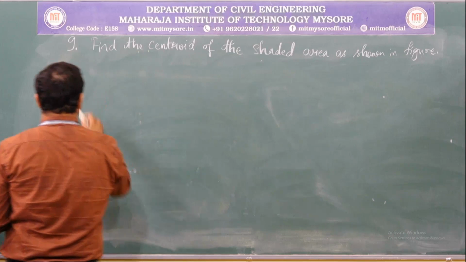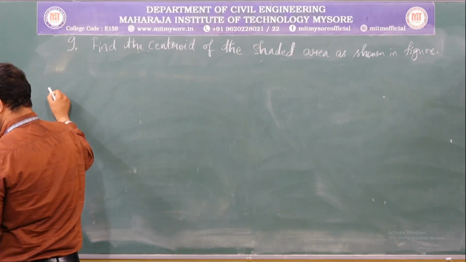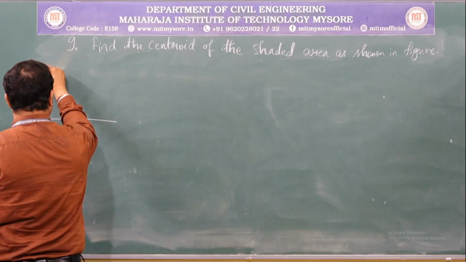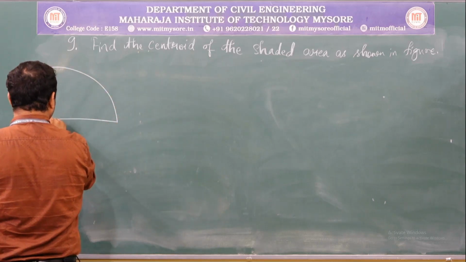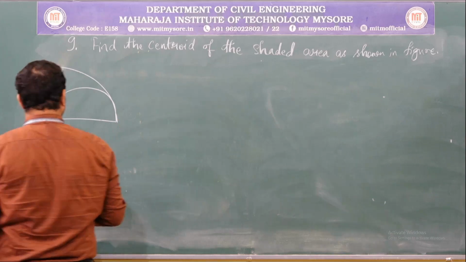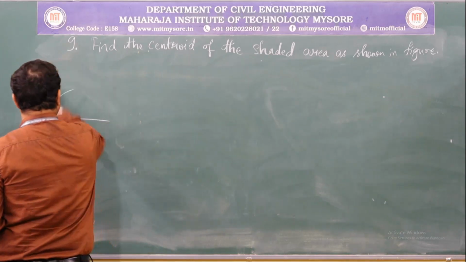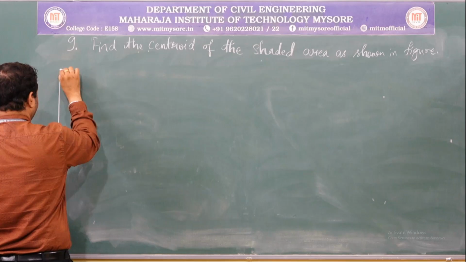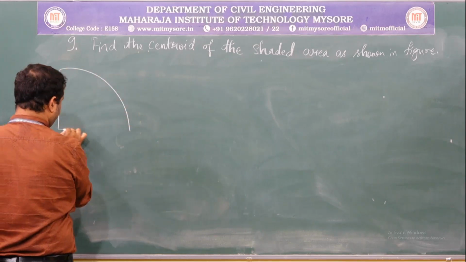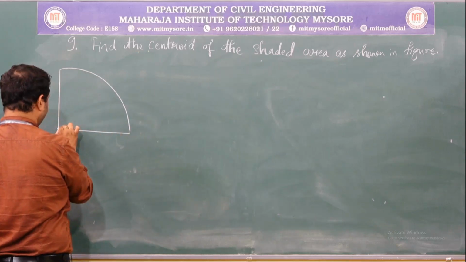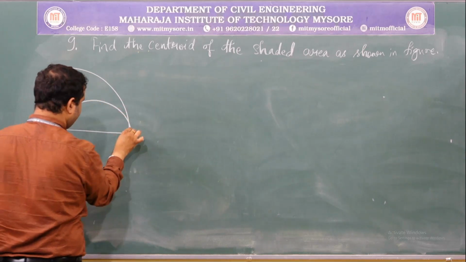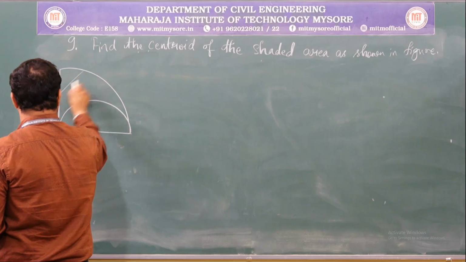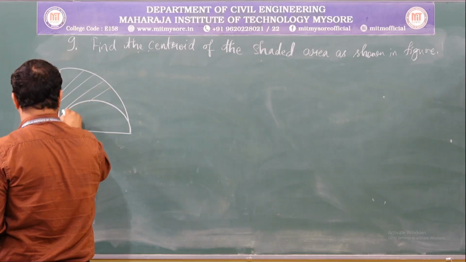Find the centroid of the shaded area shown in figure. So this is the shaded region.